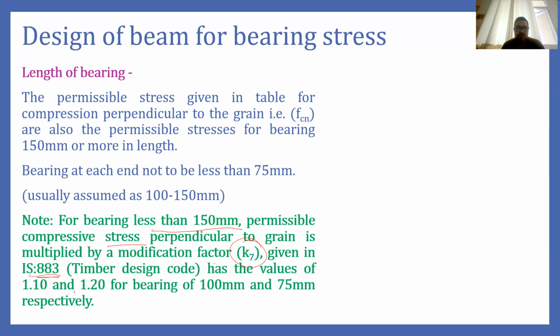Those K7 factors are 1.1 and 1.2 for bearing lengths of 100 mm and 75 mm respectively. So if our bearing length is 100 mm, we multiply by 1.1. Similarly, if our length of bearing is 75 mm, we multiply by 1.2. That is the factor given in the IS code.